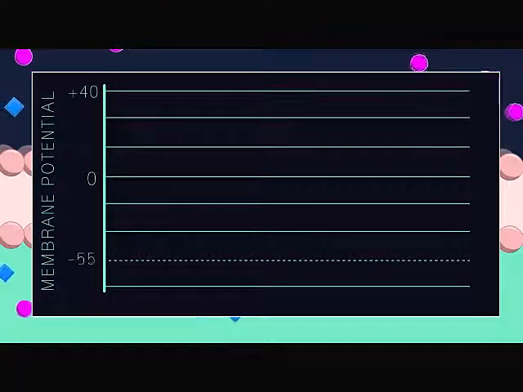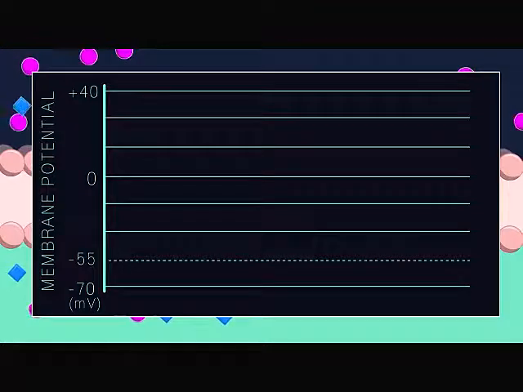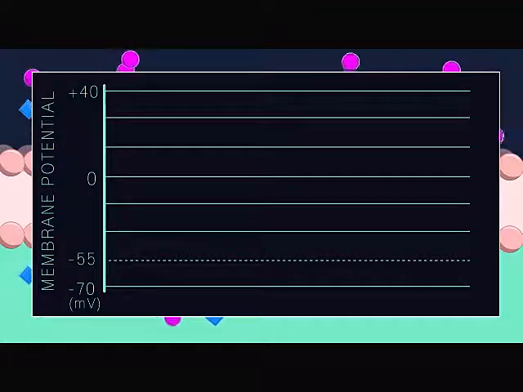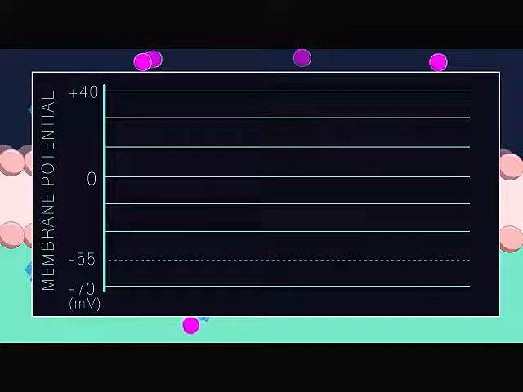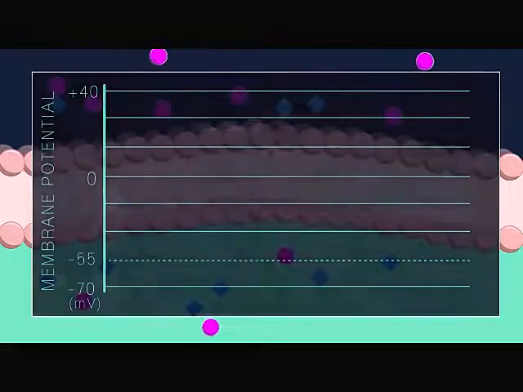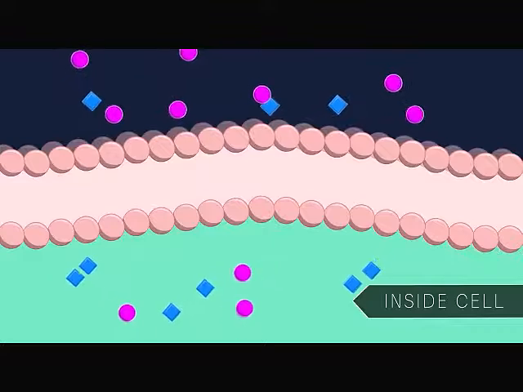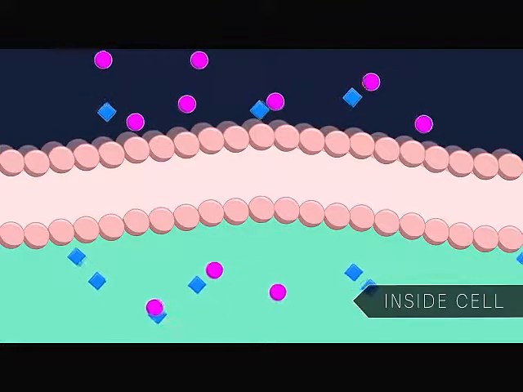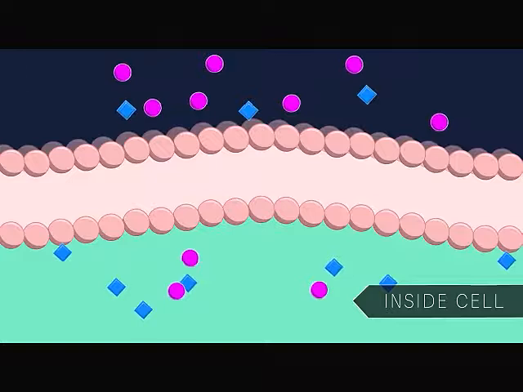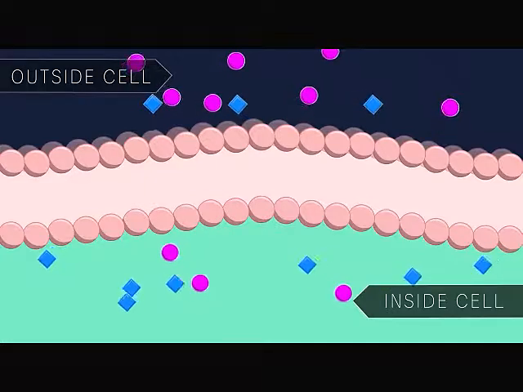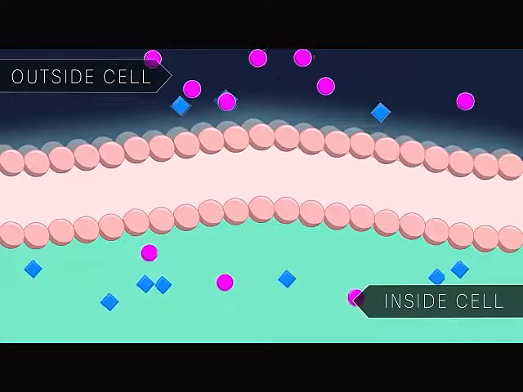Now the magnitude of the negative inside is going to become bigger. Then the magnitude of the positive outside is also going to become bigger. Now be attentive here members, the difference in the concentration of the ions is what is going to be called the chemical gradient.